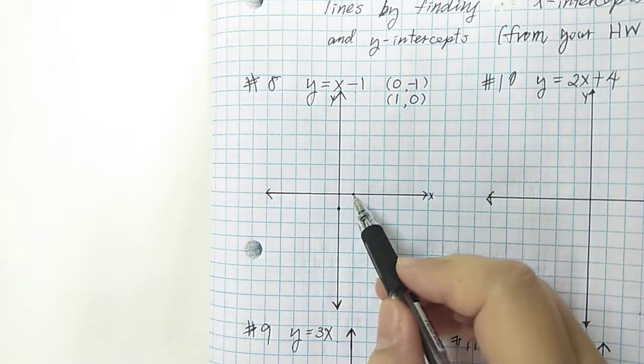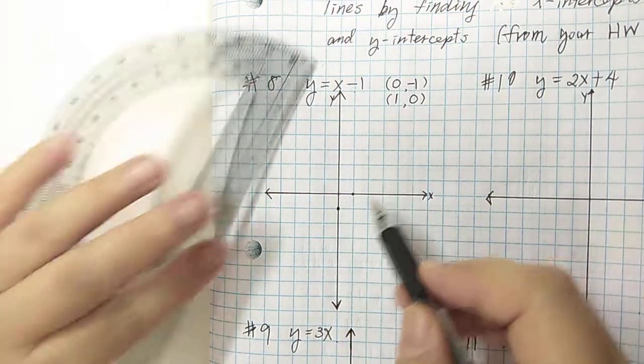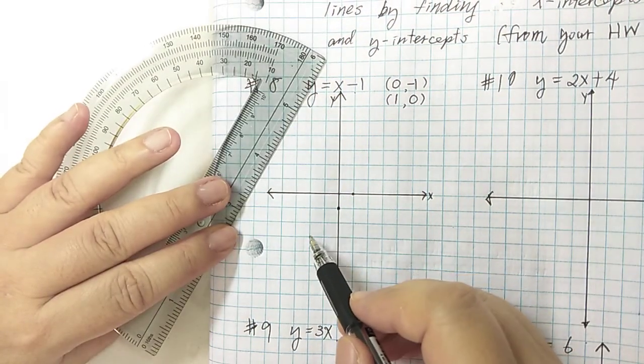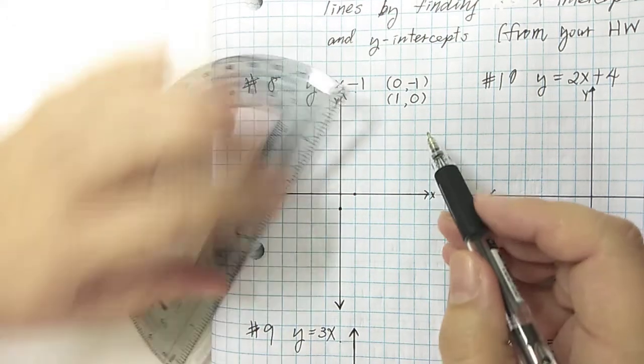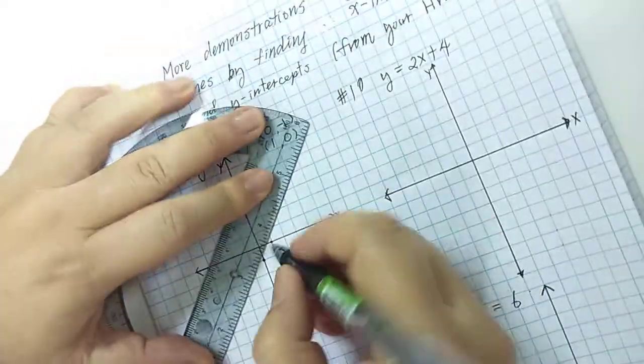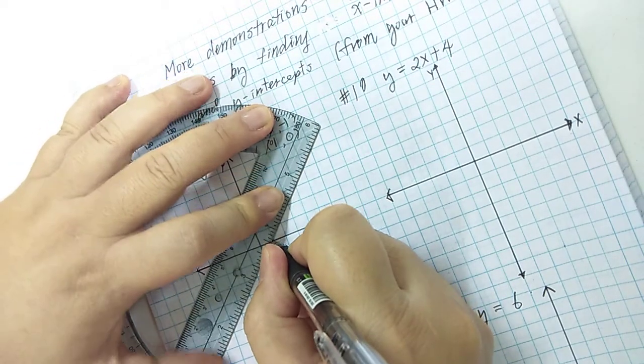As you can see, this slope is just a 1/1 slope, so it has to go through these corners as well. This corner, this corner, this corner, this corner. Okay? So make sure that it does that when you graph.